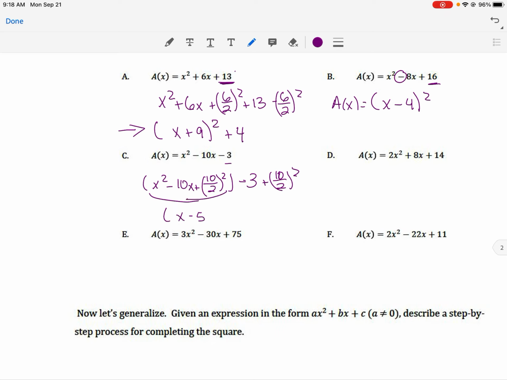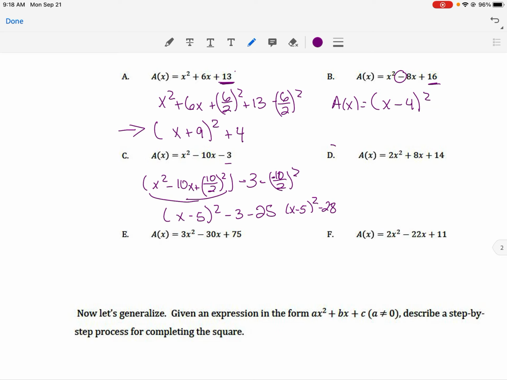And I get x minus 5 squared. And then I get a negative 3 minus, because this is a negative, I'm sorry, not plussing. Right here I need to minus it. Remember, you plus it and minus it. Minus 25. And our final answer then is x minus 5 squared minus 28. Okay.